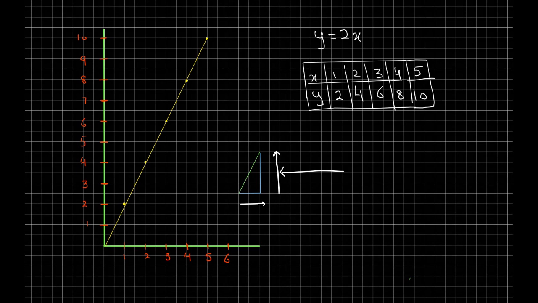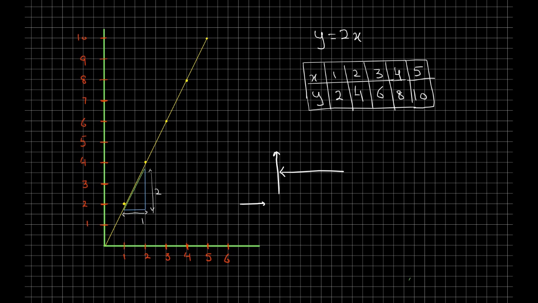So let's move this triangle along this line, and you can see that throughout this line, when I move forward by 1 unit, I go up by 2 units, right?